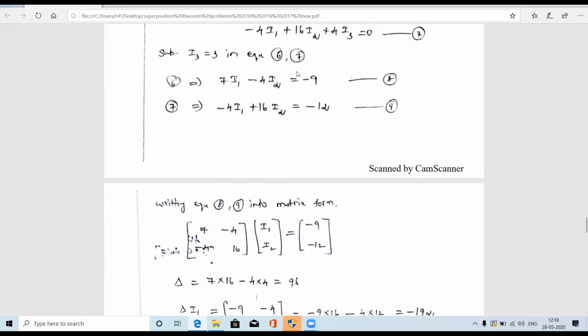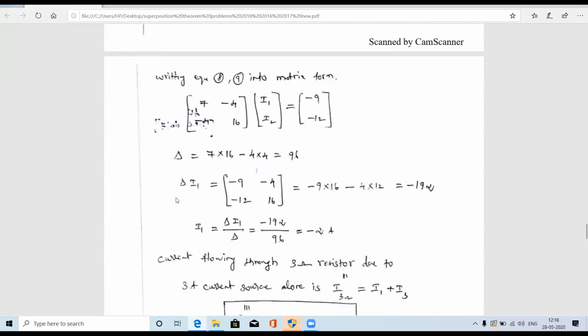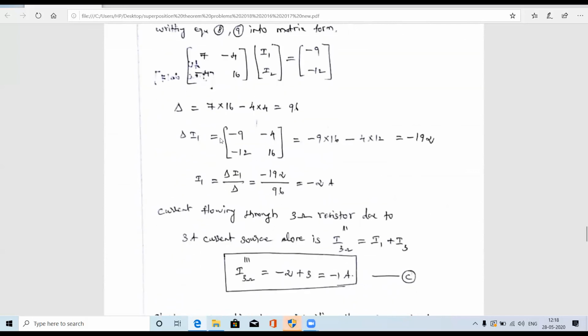In these two equations, you just convert into matrix form. Then you find the determinant value and del I1 value. From that, the current I1 is calculated as del I1 divided by del. So minus 192 divided by 96. So the current is minus 2 amps.